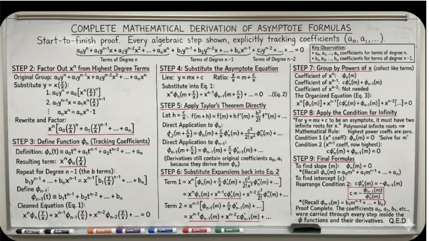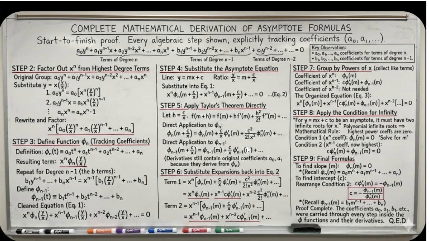In order to make the root infinity, we do two things. In order to find m and c, we equate the coefficients of the highest degree and the second highest degree to 0. By equating the first highest degree coefficient to 0, you get the m value, and by equating the second highest degree coefficient to 0, you get the c value.